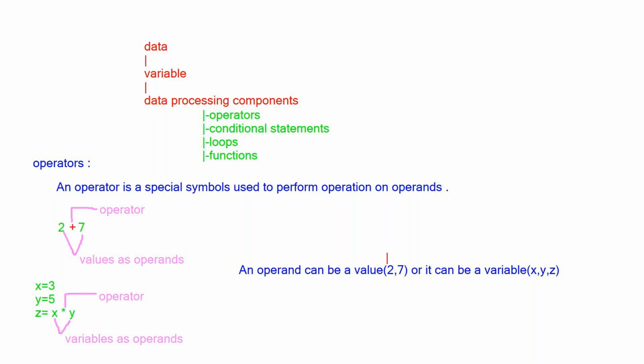So what are the types of operators supported by Python programming language? Python supports various types of operators, almost 7 types. So what are those?